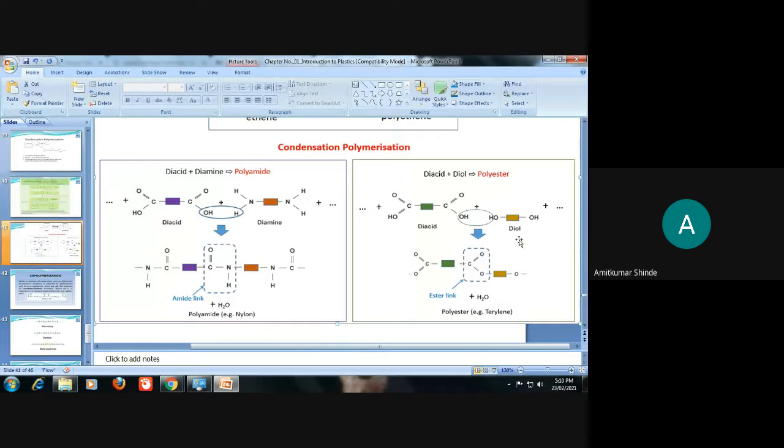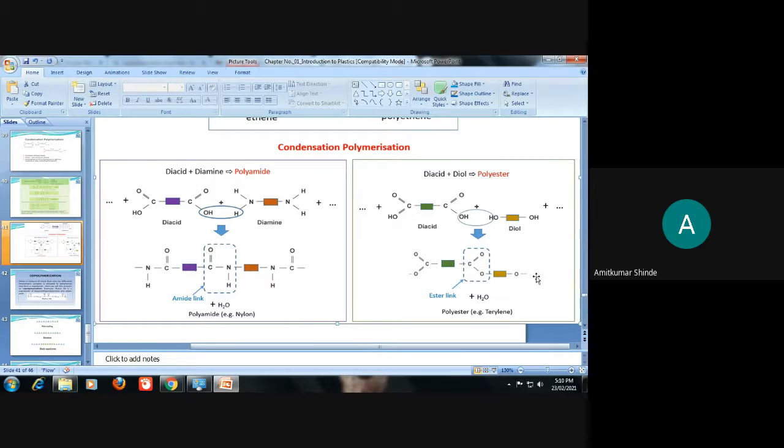Then this is the diol, and the OH will get eliminated from here. This is the functional atom. It will get eliminated and form water molecules, and the remaining portion will get combined. This carbon will get combined with the remaining oxygen. This process will be repeated a number of times and it forms a polymer.